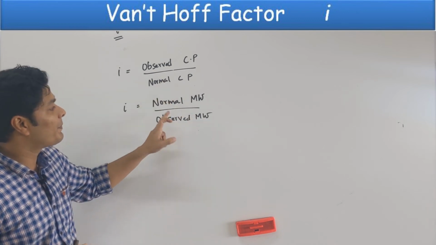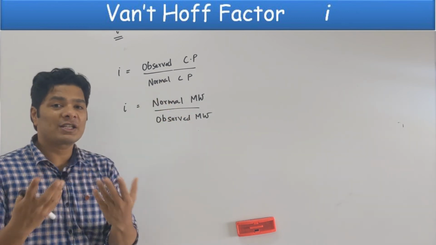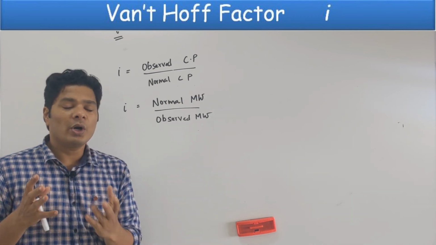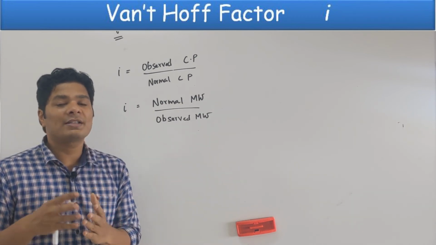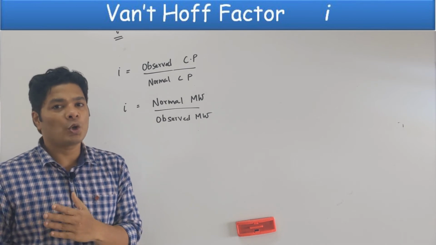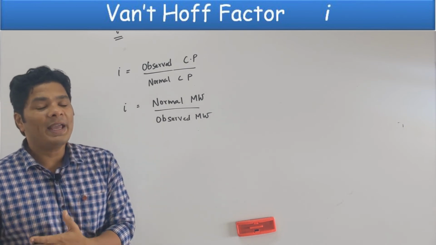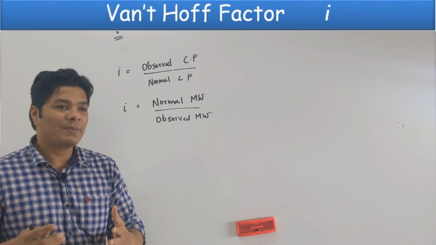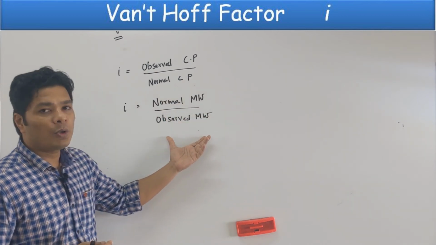So just the opposite of this. Normal molecular mass means what you expect, what you calculate on a piece of paper. Observed molecular mass is what you got. You can also call it abnormal molar mass because it is not normal, or it can also be experimental molar mass because I do an experiment, not a paper calculation. So this is also something you want to know.